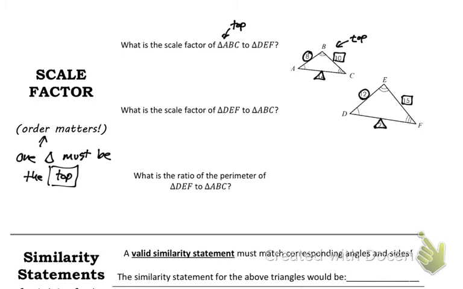If these triangles are actually similar, I should be able to write a proportionality statement that crosses all of them. So I should be able to write 8 divided by 12, because I put 8 on top since that's my top triangle, then 10 over 15, and then 14 over 21.